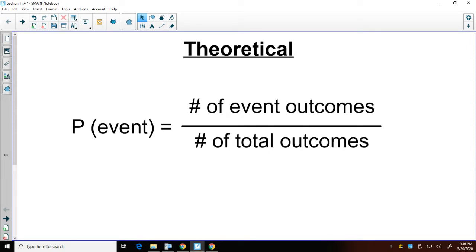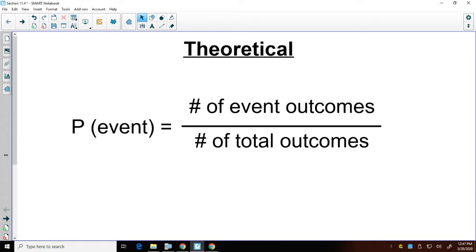So if we talk about the probability of rolling a 3, well, how many ways can you roll a 3? 1. There's only one side of a die that has 3 dots. Out of how many outcomes? Well, how many sides are there? How many different ways can we end up with an answer? There are 6. So the probability of rolling a 3 is 1 out of 6.